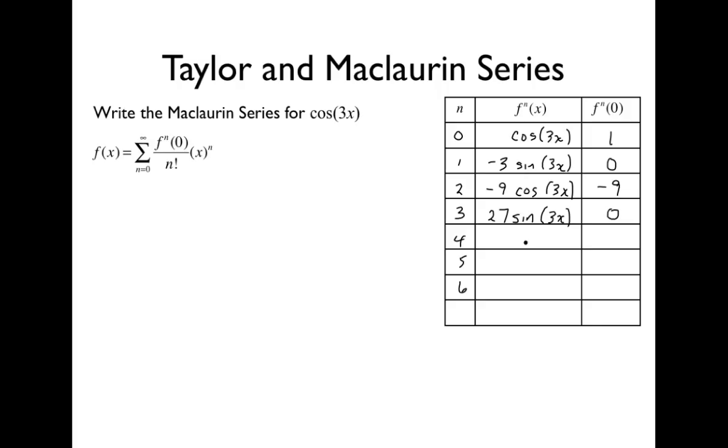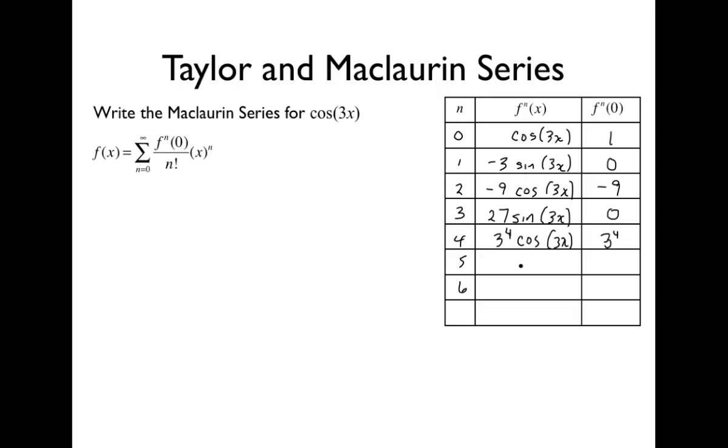The derivative of sine is cosine. And so really what we've got now is 3 to the 4th. Evaluated at 0, that's 1, we get 3 to the 4th. Writing it with powers and factorials will then allow you to generate a formula more easily.